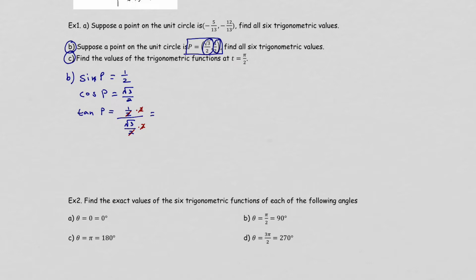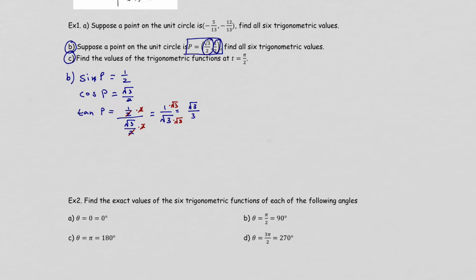Then you end up getting 1 over square root of 3. And since we cannot have square roots in the denominator, you're going to multiply numerator and denominator by square root of 3. So you get square root of 3 over 3 as the tangent P.